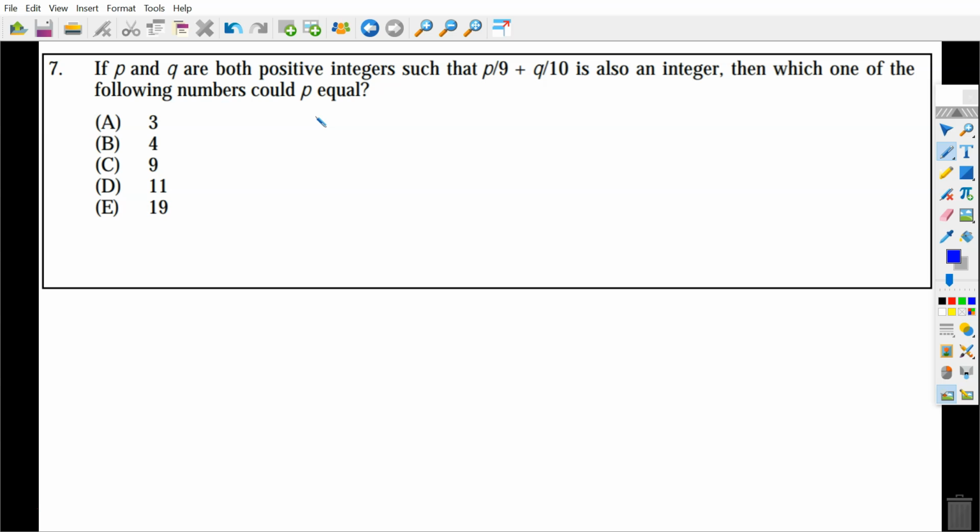There's only one possible number for p that is going to make this expression an integer. So basically p must be equal to 9. Otherwise, for other values of p that we can select, we're going to end up with either repeating decimals or non-terminating decimals.